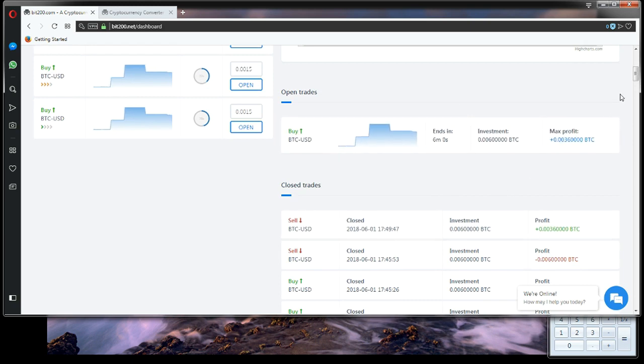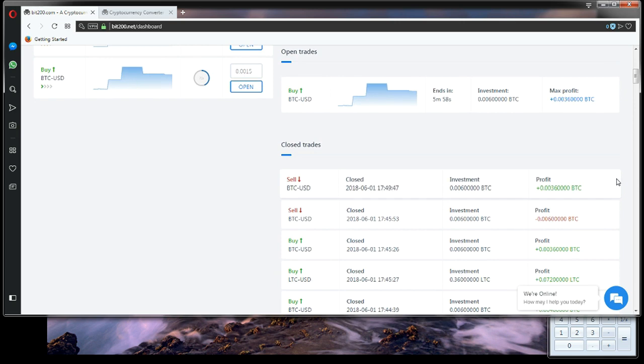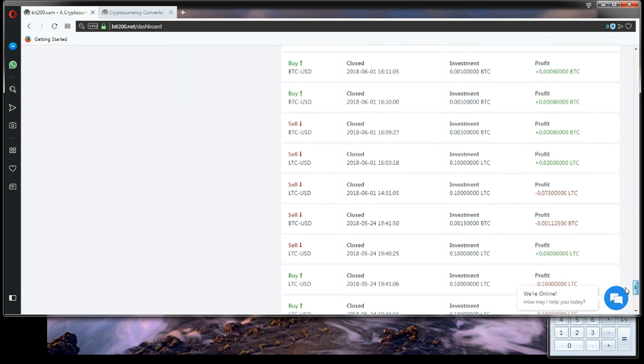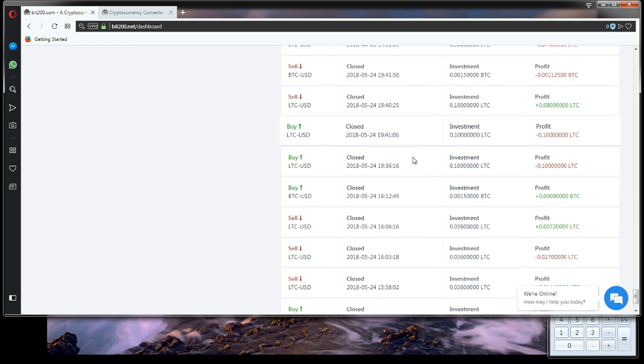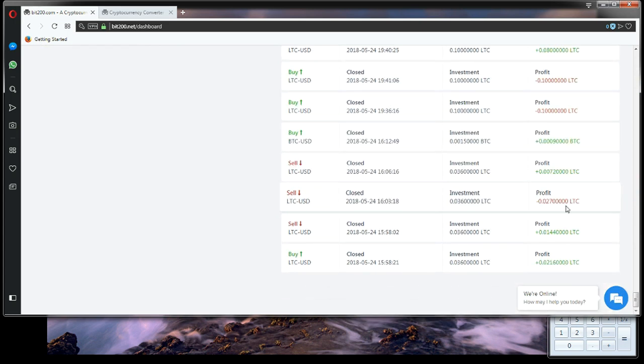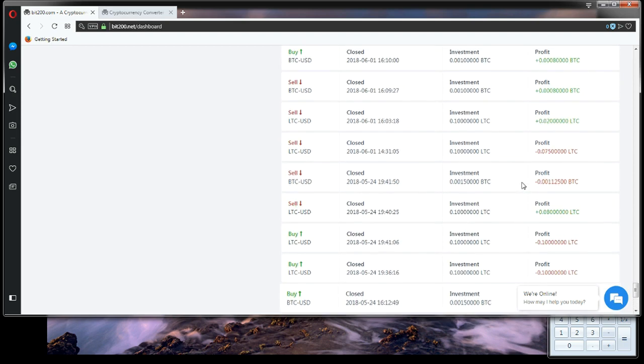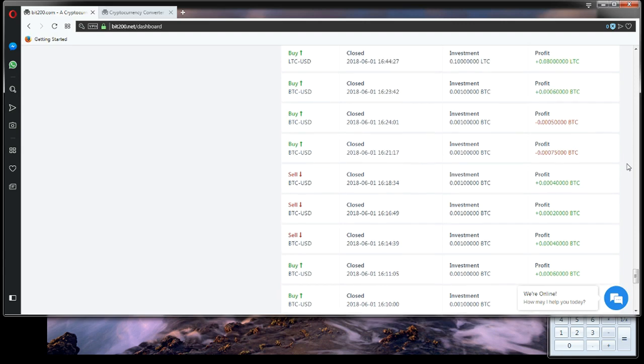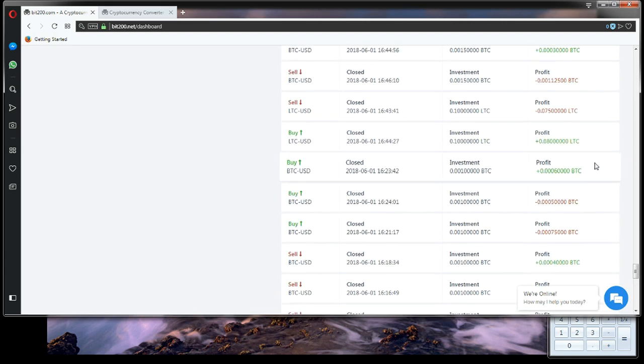To be honest, I did not have a lot of time to sit in front of the computer. So you will see that I have been trading on just 2 days, 24th and today. And as you can see, the software is not 100% efficient.